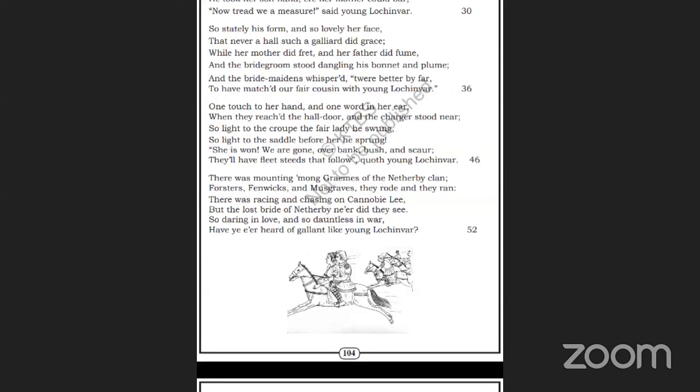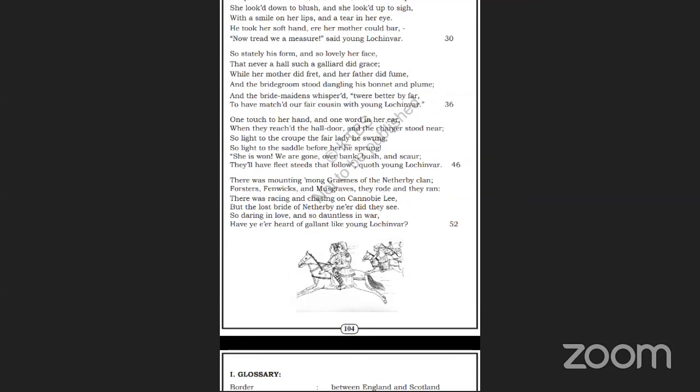Any other questions? Somebody has asked the meaning of a word. Somebody has asked me what is plume. Plume means it is a kind of decorative dress, remember. The pronunciation is plum actually.